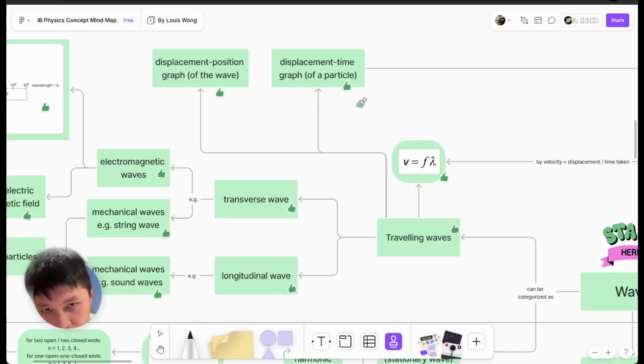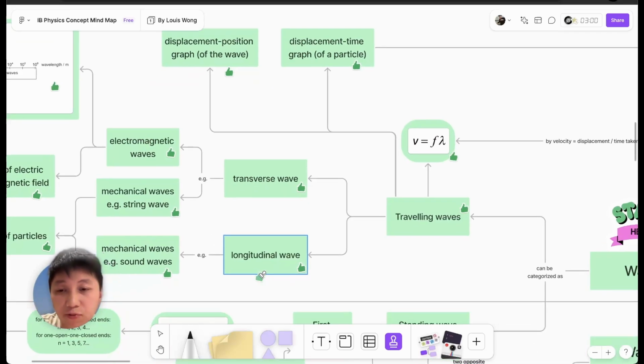As for the displacement time graph, remember that whenever you see a displacement time graph, it has to be describing one particle only, one of the particles in the medium. For example, in the transverse wave, it would be one particle of the string, or in a longitudinal sound wave, it could be a displacement time graph of an air particle which has the sound wave passing through.